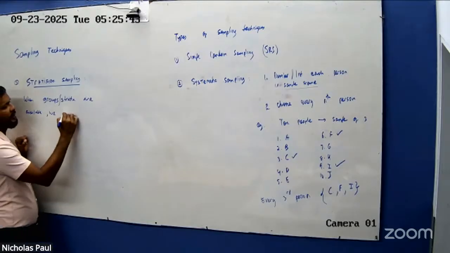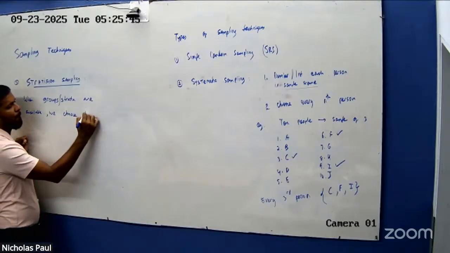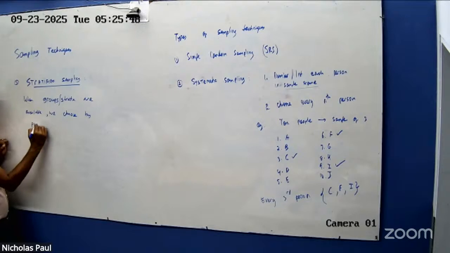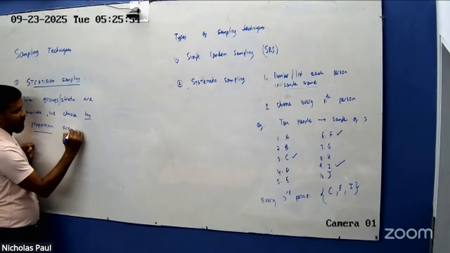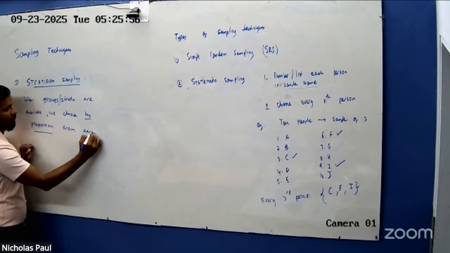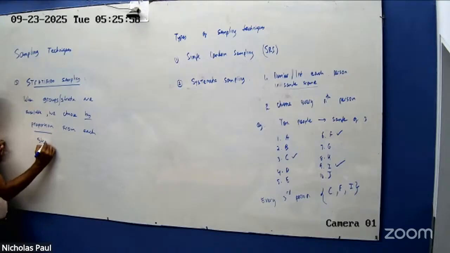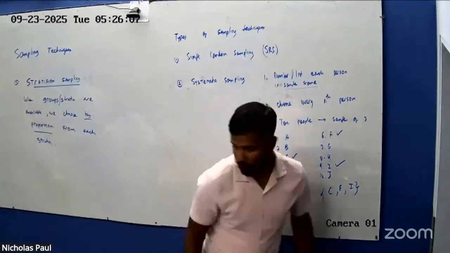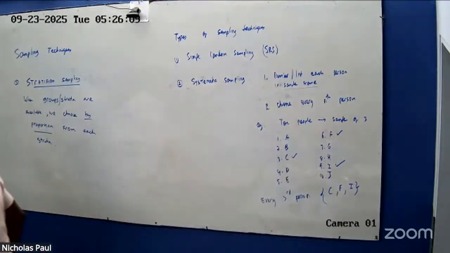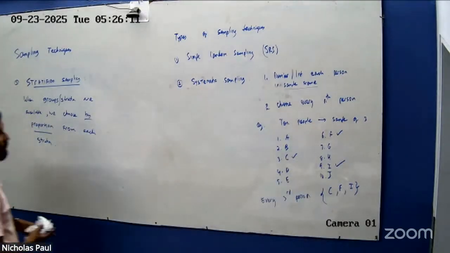We choose by proportion. We choose by proportion from each strata. Right? Any questions there?